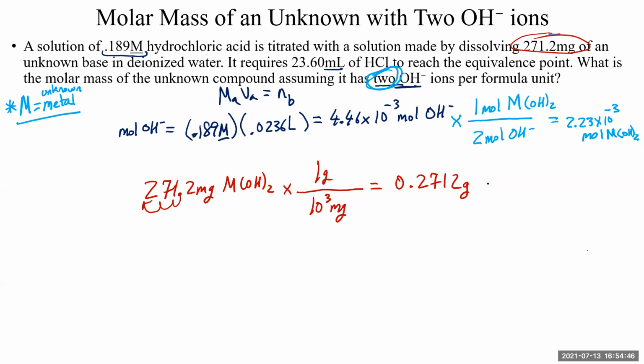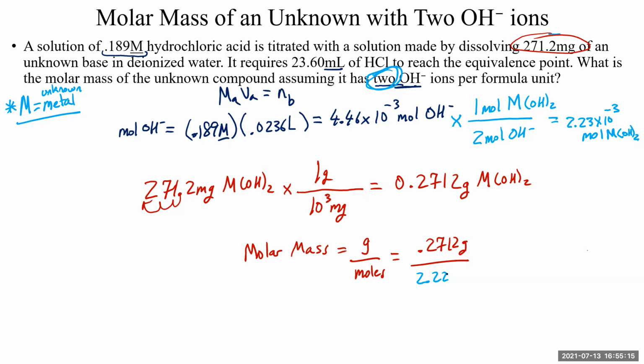0.2712 grams of our unknown metal hydroxide. So the molar mass, let's say molar mass because it's not a molecule, equals grams divided by moles, which is going to equal 0.2712 grams divided by 2.23 times 10 to the minus 3 moles, in grams per mole.